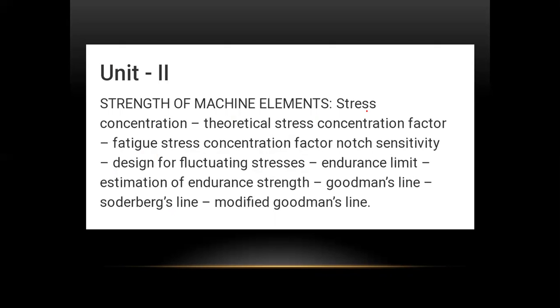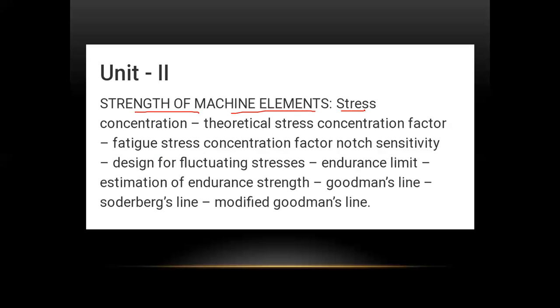Right? So for any metal or non-metal, we have to do some sort of analysis. Why? Because we are using these materials for some applications. For that reason, we have various types of properties of materials as well as the stress relations. So in Unit 1, we discussed the introduction of various properties as well as stress analysis.